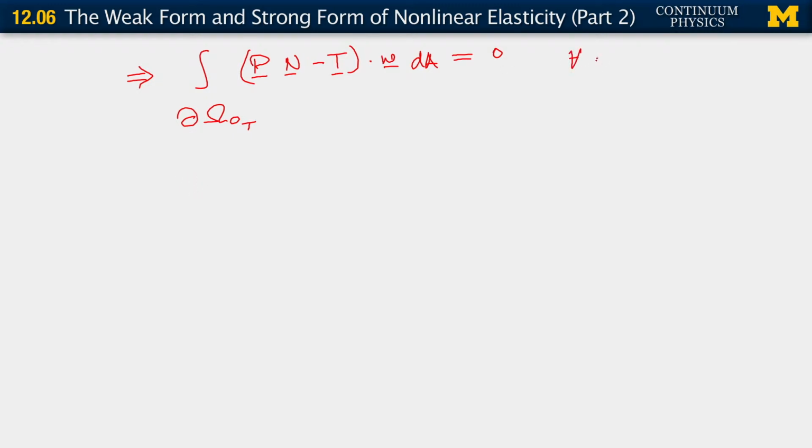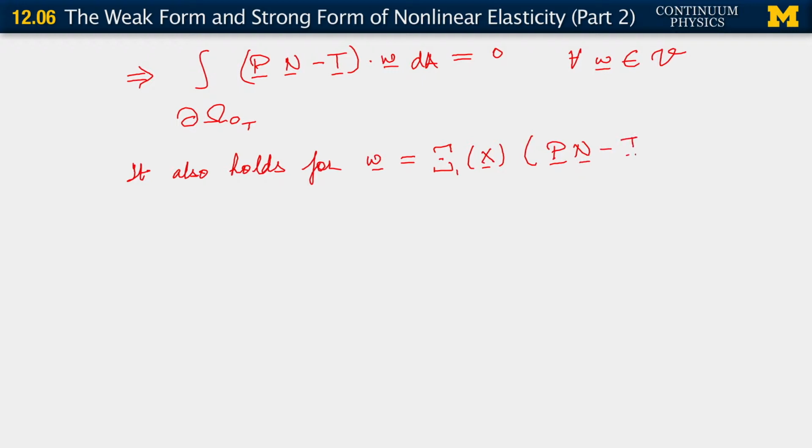This thing has to hold again for all W belonging to V. So that means it also holds for W equals, we can do the same sort of argument now, W equals chi1 of x times Pn minus T, where chi1 of x is greater than 0 on just the traction boundary.